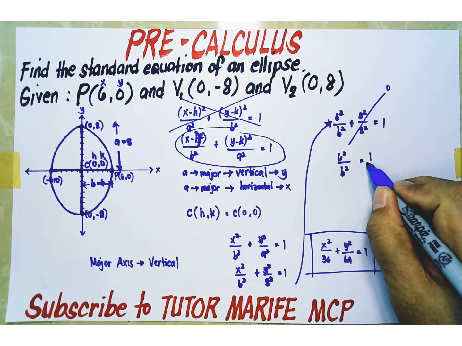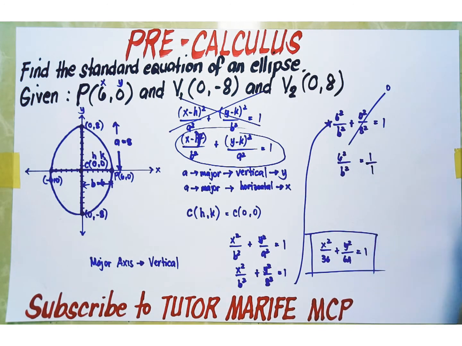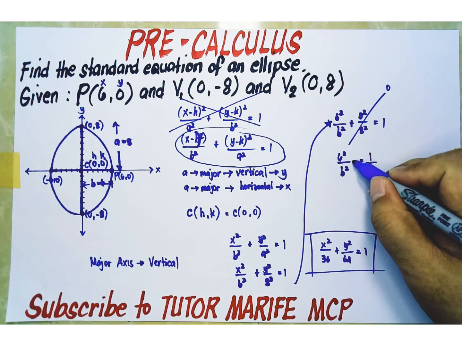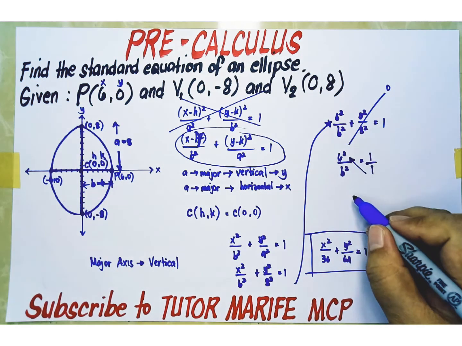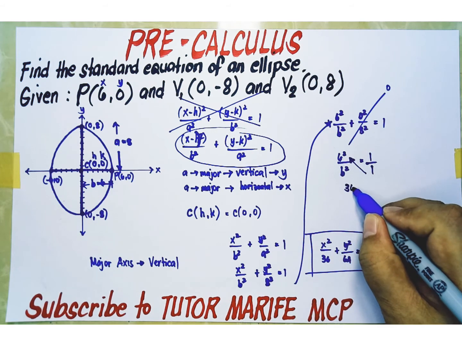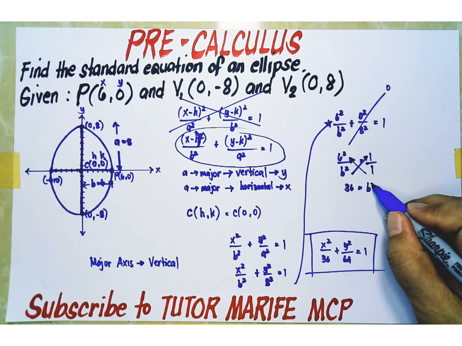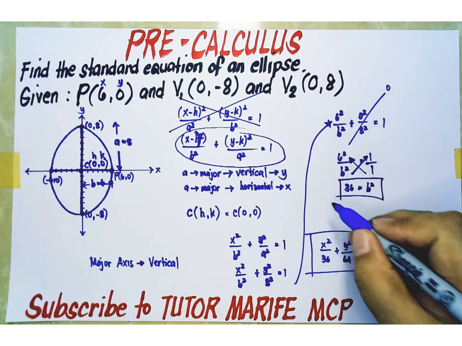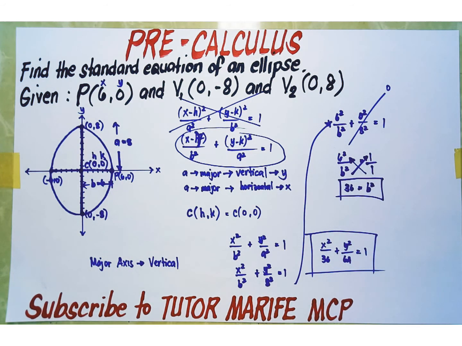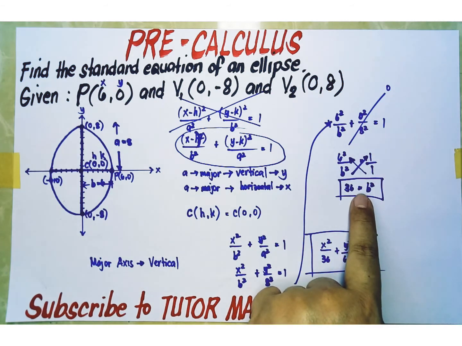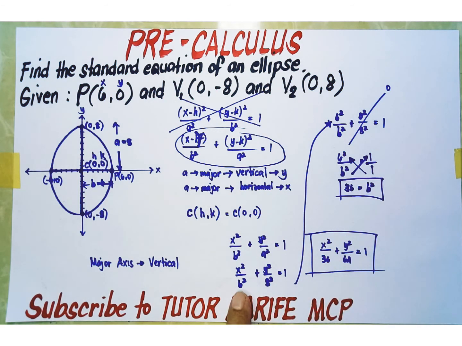Let's write the invisible denominator 1 on the right. Cross multiply. 1 times 6 squared is 36. b squared times 1 is b squared. Then you plug b squared equals 36 into this equation.